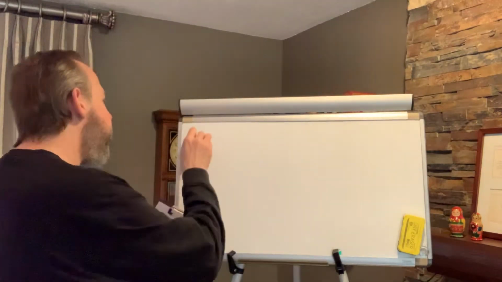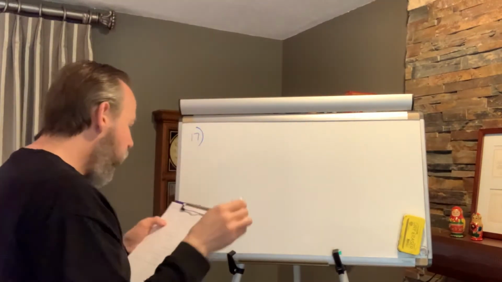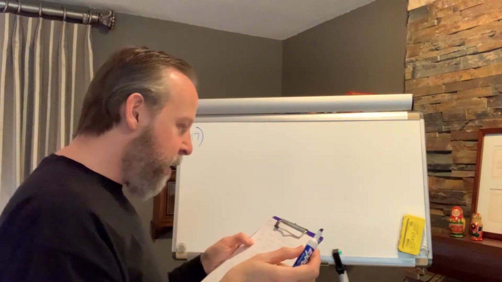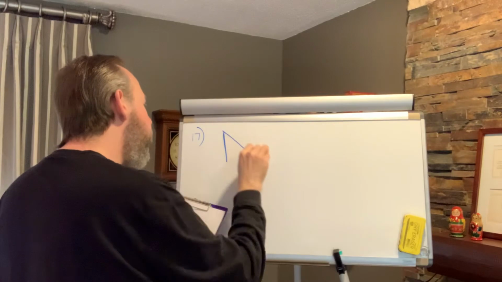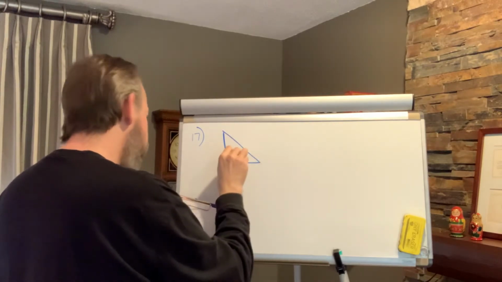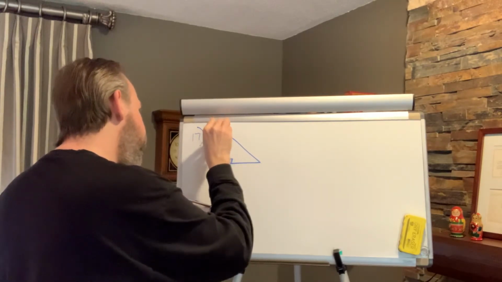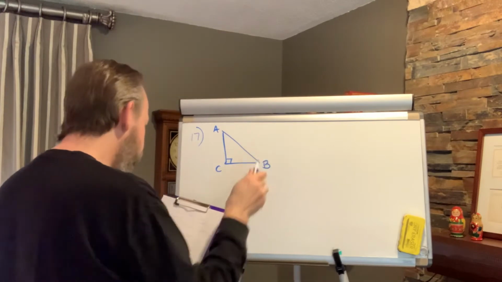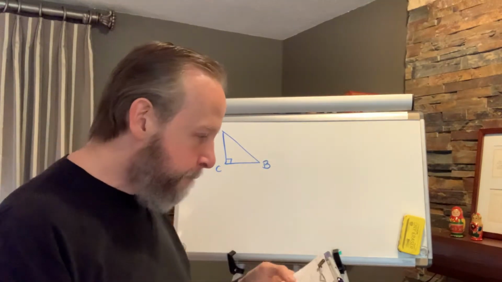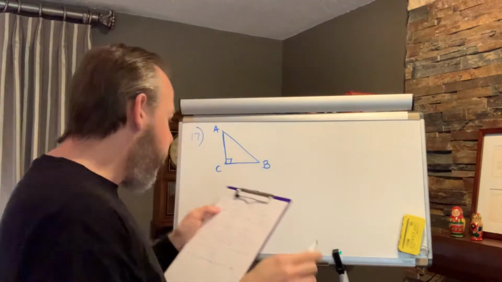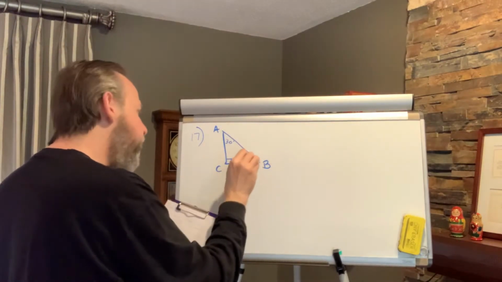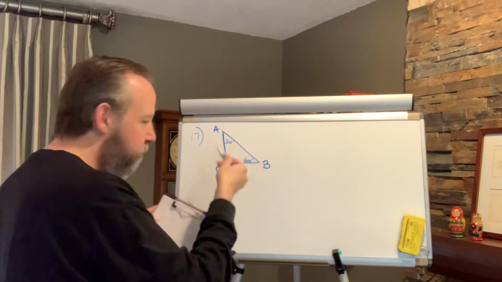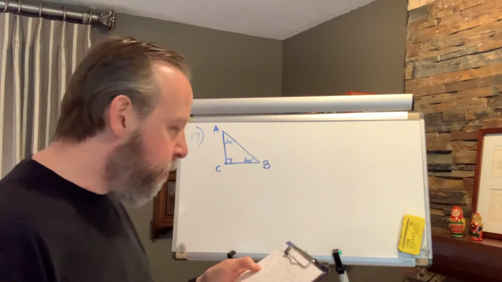So number 17, we were given a triangle ABC, and I think you were told that the right angle was angle C, so we'll call it ABC in this fashion. We were given a 30-degree angle and a 60-degree angle, which makes the last one 90.